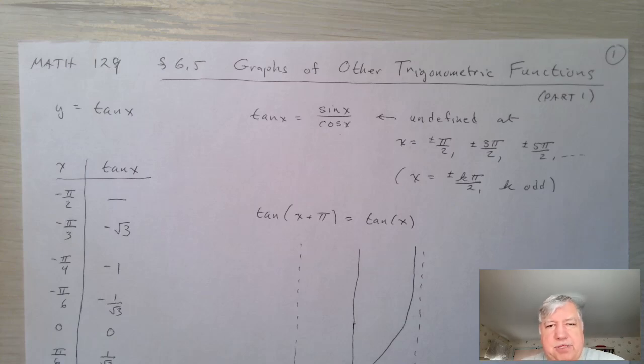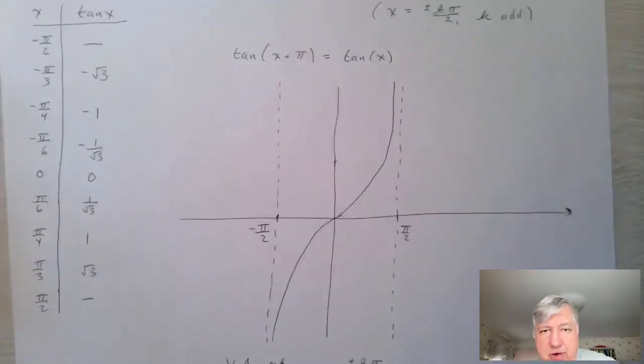And what happens is that at those points, there is no point on the graph. Instead we have a vertical asymptote. And if you remember vertical asymptotes from when we were doing rational functions in Math 128, you look and see where the denominator is 0. That's how you get these vertical asymptotes here.